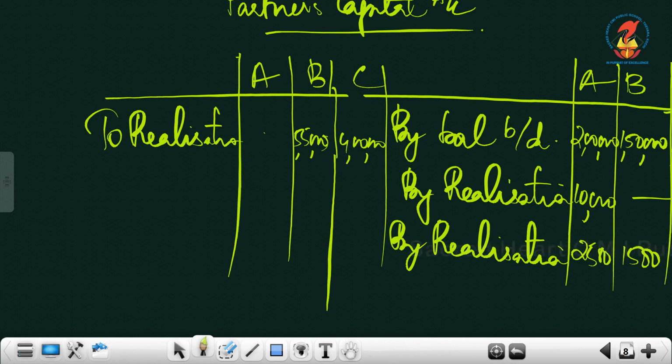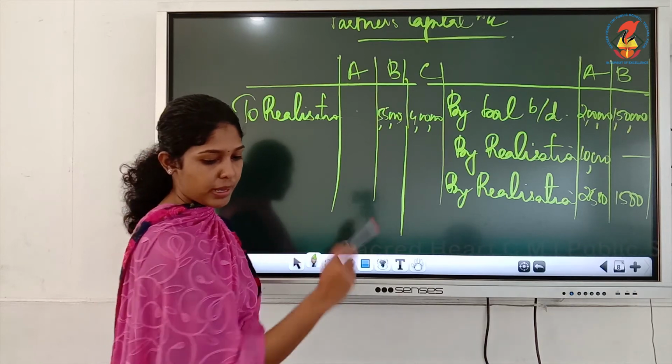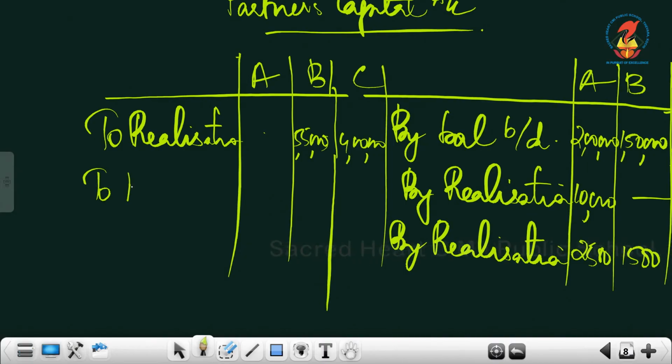Then current account you just see by C is there, so that we'll write to partners current, or you write to C's current. It is C's amount, no? Yes. So you write to C's current. To C's current account, the amount is 10,000.